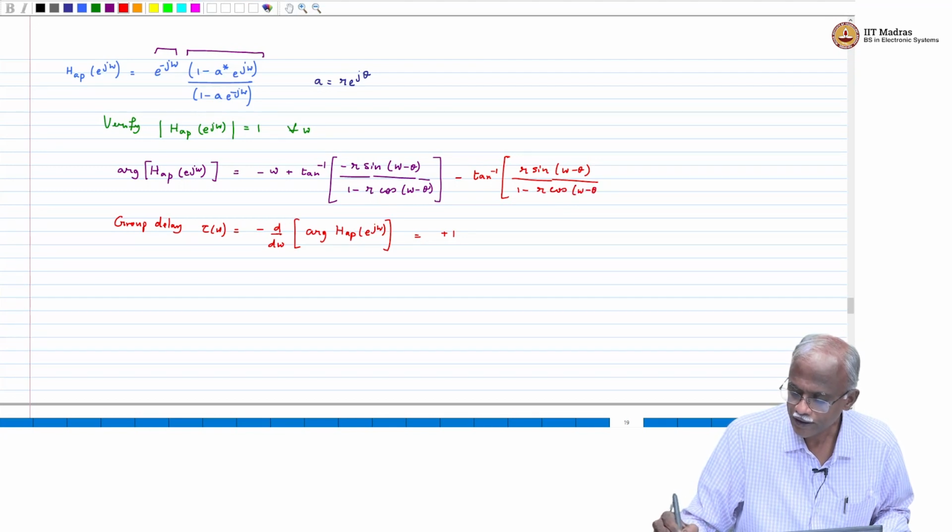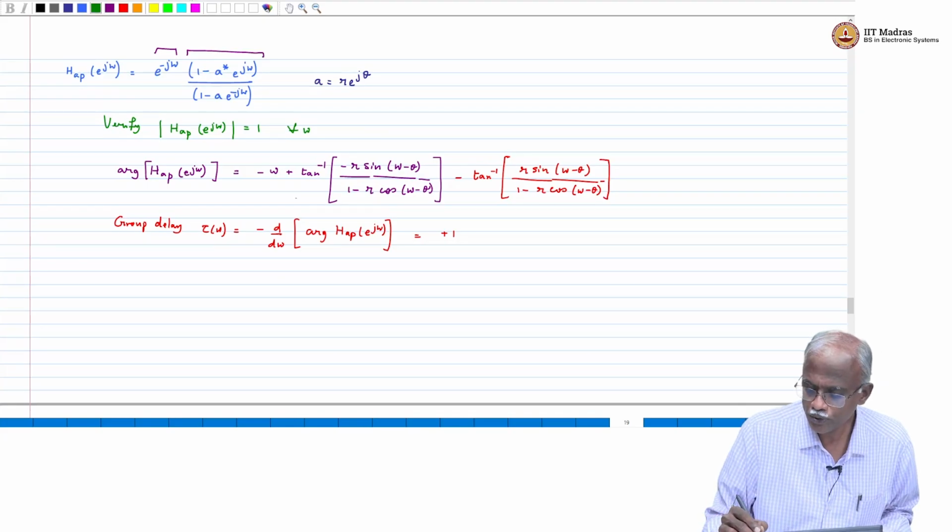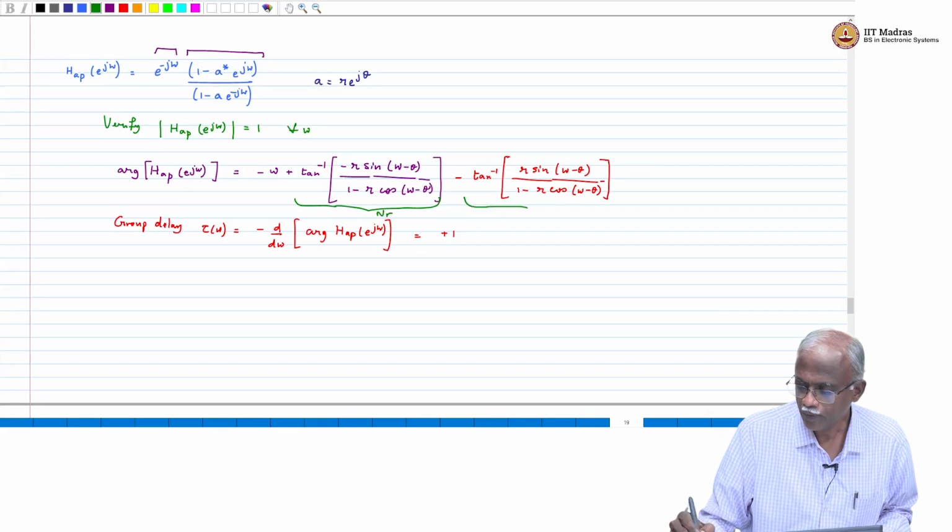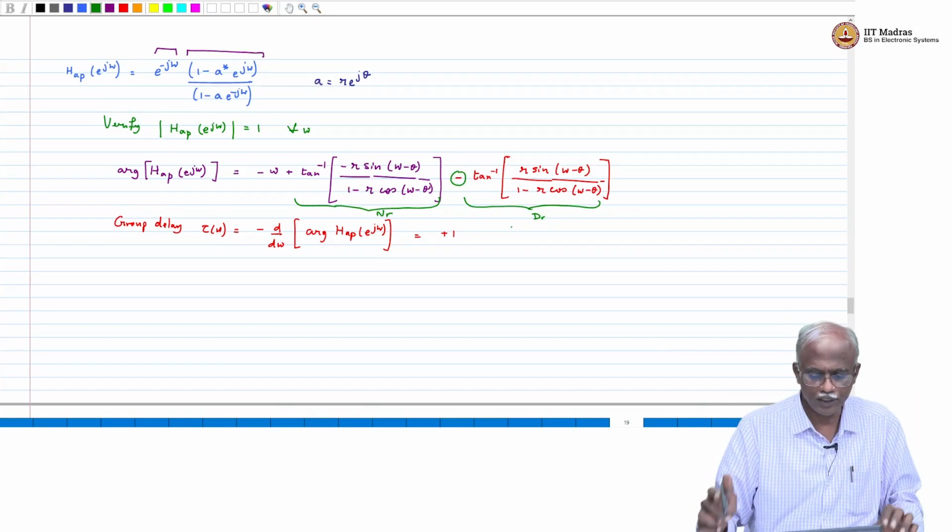There are two terms, right? Numerator and denominator. The first one corresponds to the phase of the numerator, and this is the denominator. Because it's the denominator, we subtract. There is subtraction between the numerator and denominator terms.